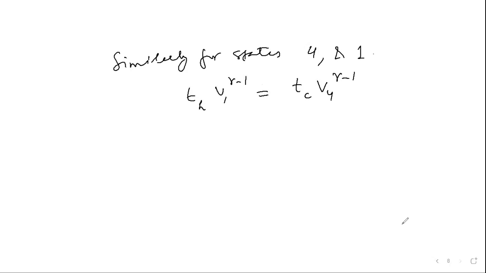Because at 1, the temperature is that of the hot reservoir, that's why this Th, and at state 4, the gas has the temperature of the cold reservoir.